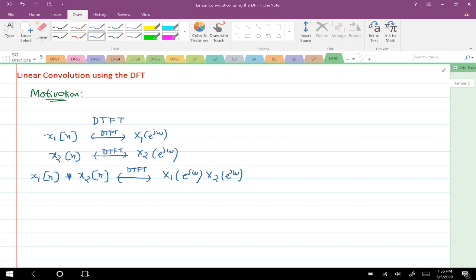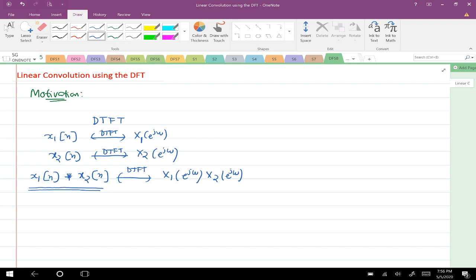That would give you x1 of n linearly convolved with x2 of n. Is there any problem in doing this in the frequency domain and coming back? Yes, of course there is a problem. The problem being these are continuous variables, and there is no way you could vary it continuously and then find the inverse DTFT of it, right?